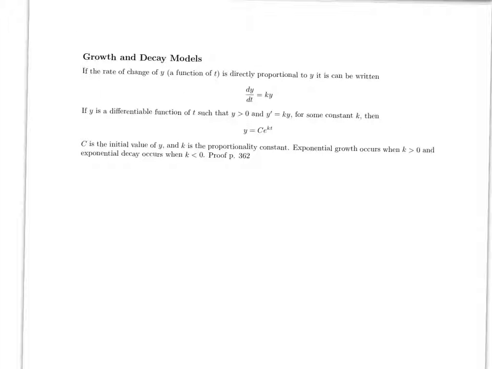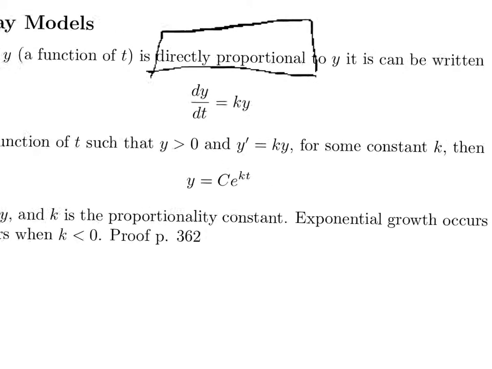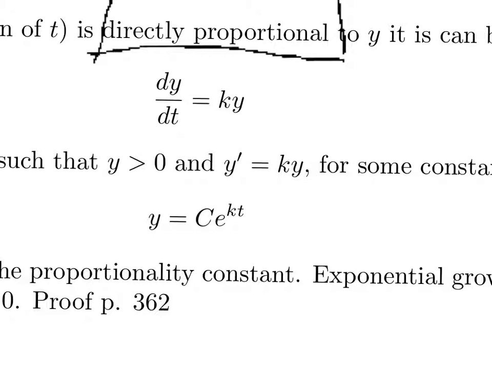All right, we left off yesterday talking about how we can solve a specific type of differential equation where the derivative is directly proportional to the original function, okay? So dy/dt is directly proportional to y, and we said we could turn it into an equal sign if we have this constant k in front.